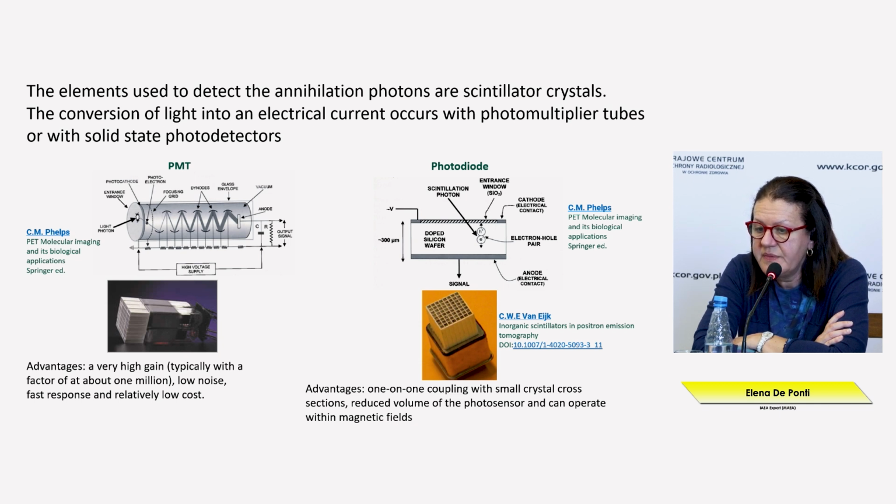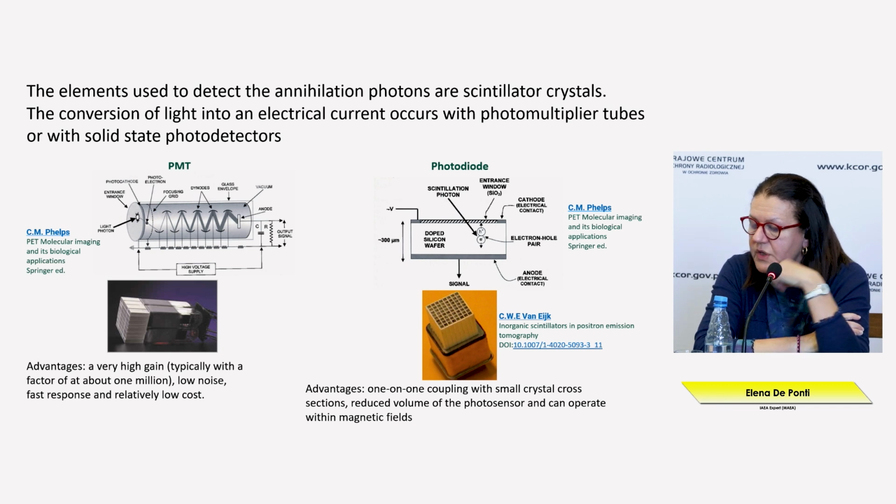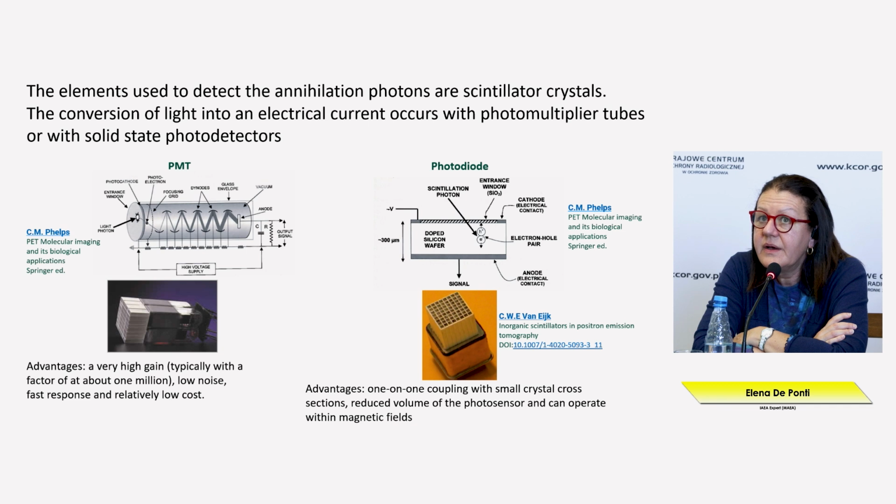So we have the PM tubes and the digital detector in general. I'm not going to go in depth on the technology and how they work, but just to have a summary of the advantages of both choices. For the photomultiplier tubes we have a very high gain, so they are very efficient.